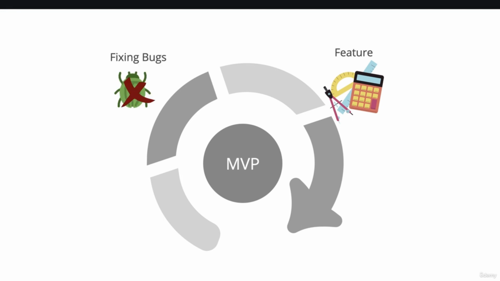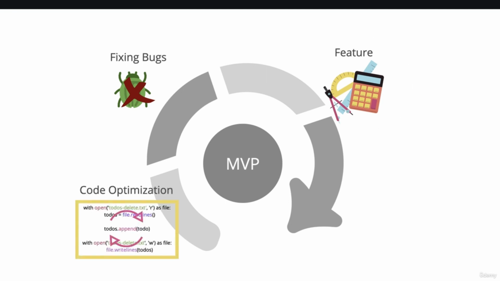Then we might get feedback about problems with the program, so we want to go back to the program and fix those bugs and release an updated version of the program with the bugs fixed. Then once in a while we want to go back to our code and optimize it.